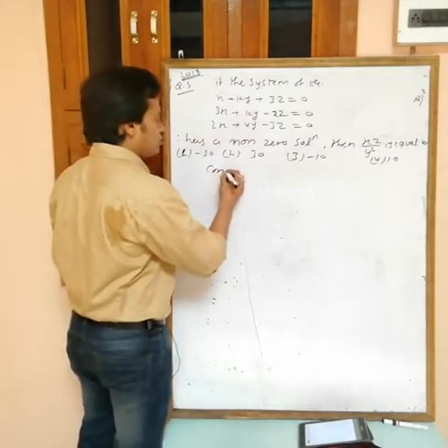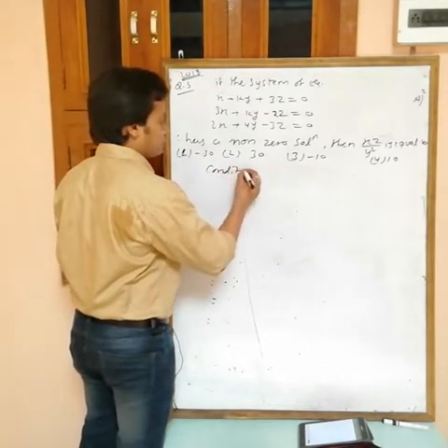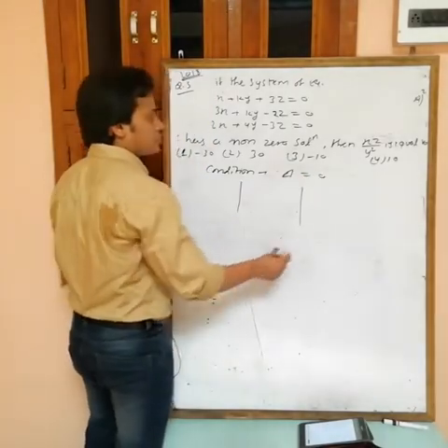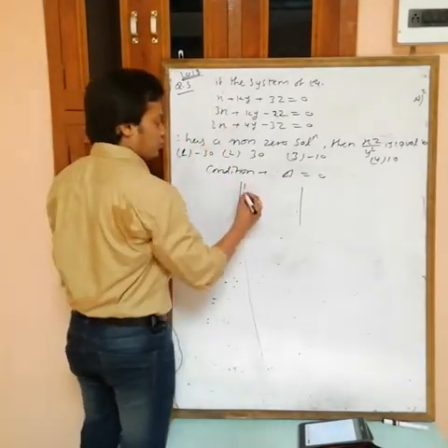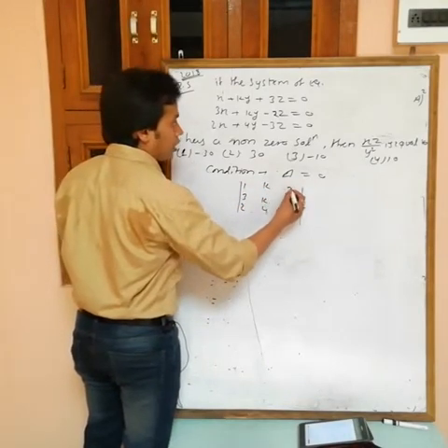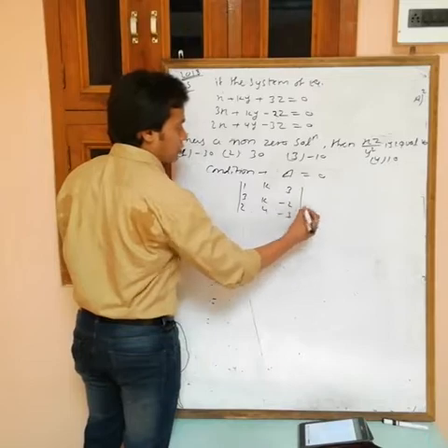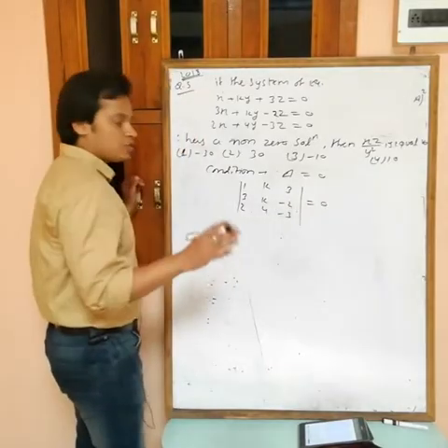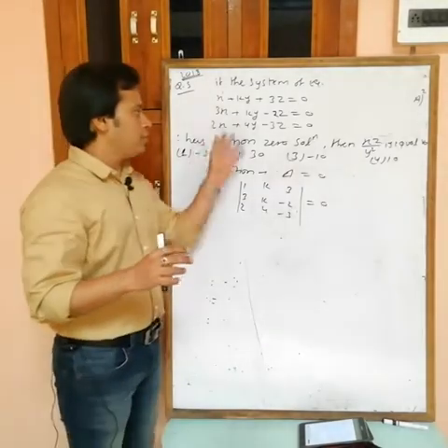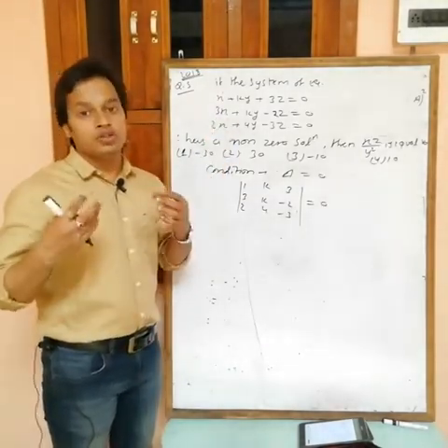Condition is del equals 0. Okay, now first put the determinant equal to 0: |1 k 3; 3 k -2; 2 4 -3| = 0. Expand this one. From this you will get the value of k, because it is given that this system has a non-zero solution.